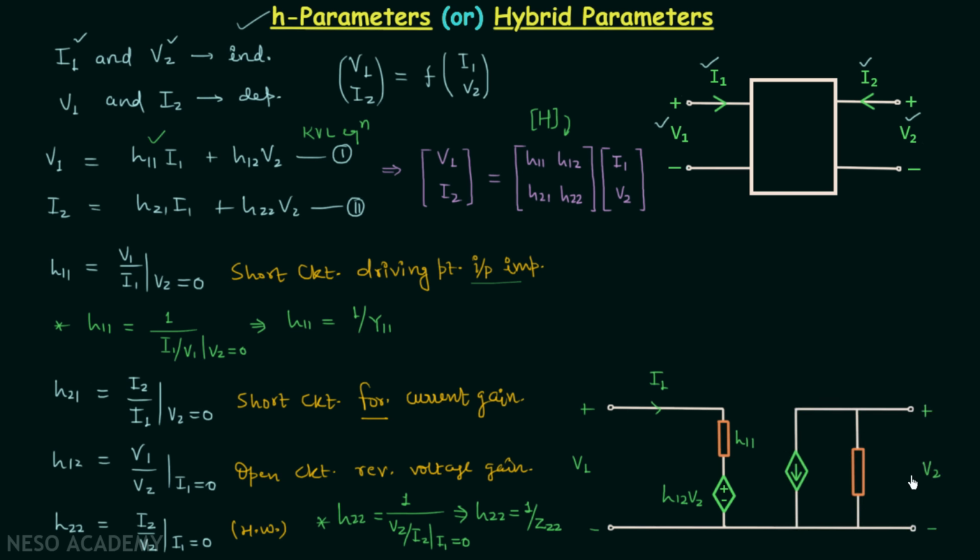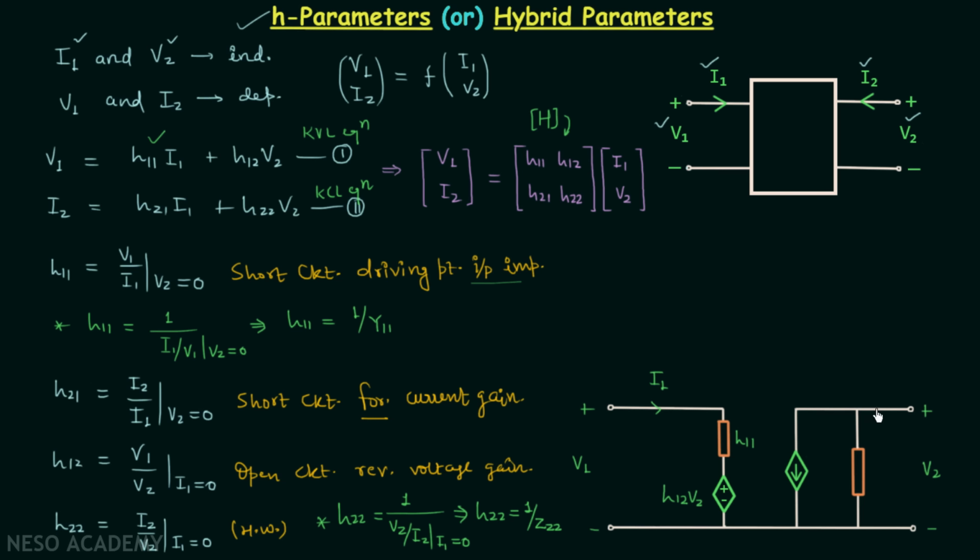This is the voltage dependent voltage source providing H12 V2, where V2 is the voltage between these two terminals. And when you focus on equation number 2, you will find it is a KCL equation, and therefore we can say that current I2 is the entering current to a node, current H21 I1 is the leaving current, and current H22 V2 is also the leaving current.